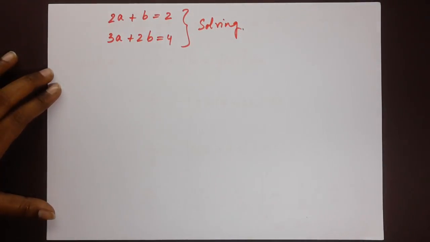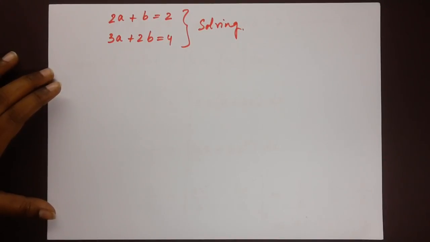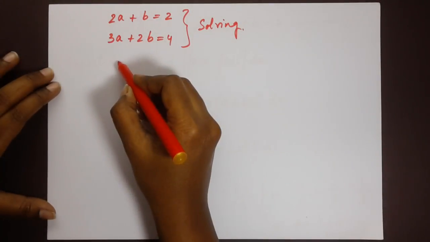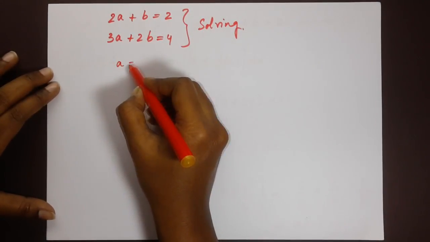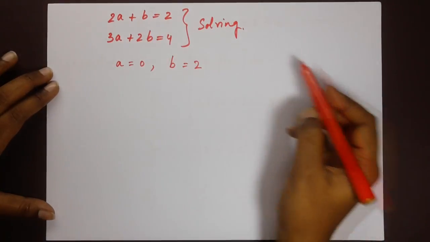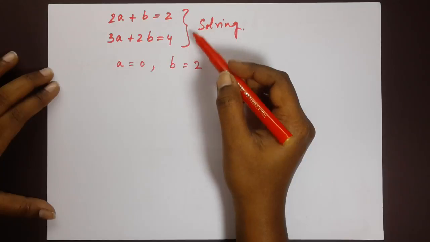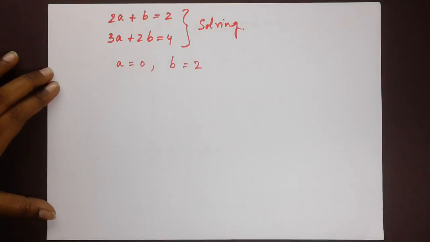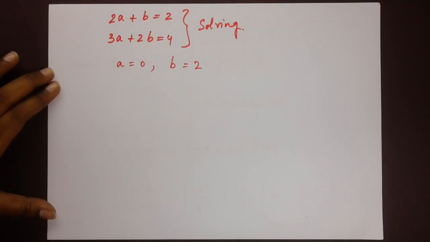Now you can use any method in solving the two equations. You can use elimination method, substitution method, either one. You'll find the values to be a equals 0 and b equals 2. I'll leave the solving to you since that's quite basic. And we get the values of a is equal to 0 and b is equal to 2.